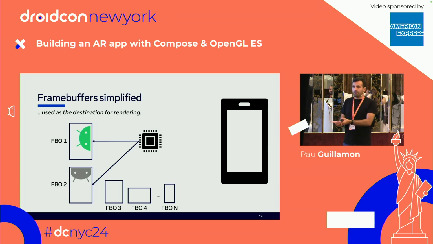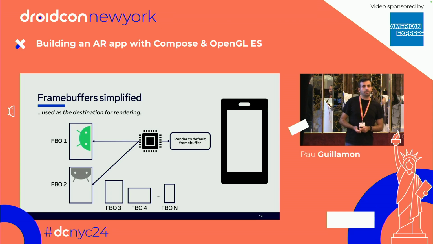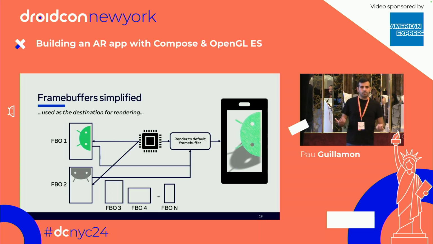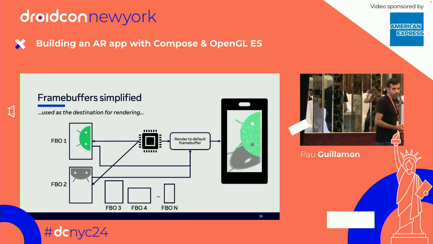When we render on a frame buffer, we render on that color buffer, which is usually a texture, and we can use those textures somewhere else. So now we could, for instance, render our 3D scene using the information from those textures, from those two frame buffers, and maybe create a scene with dynamic shadows and apply some post-processing effects, for instance.